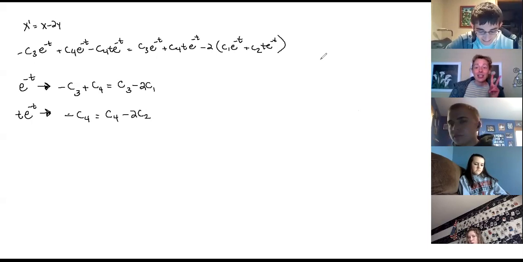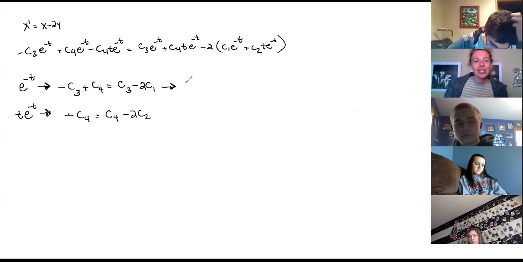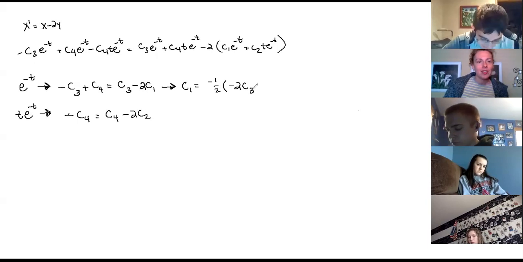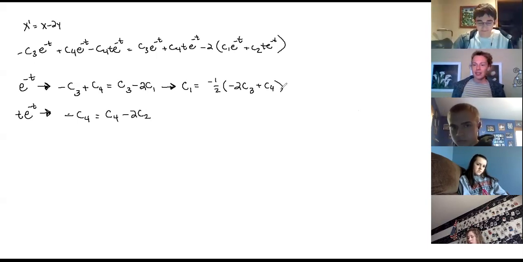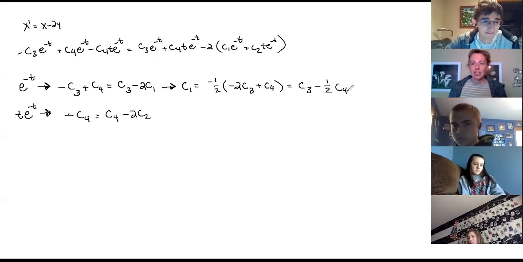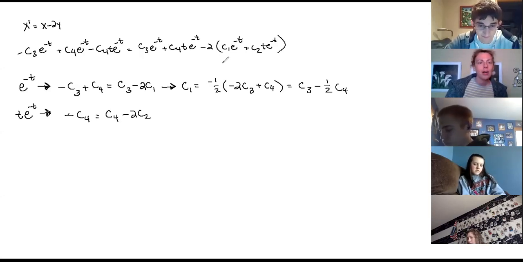And I'm trying to get to 2 constants. So let's solve this first equation for C1. C1 equals negative 1/2 times negative 2C3 plus C4. If I take the C3 over to the other side and divide by negative 2, we can say C1 equals C3 minus 1/2 C4.